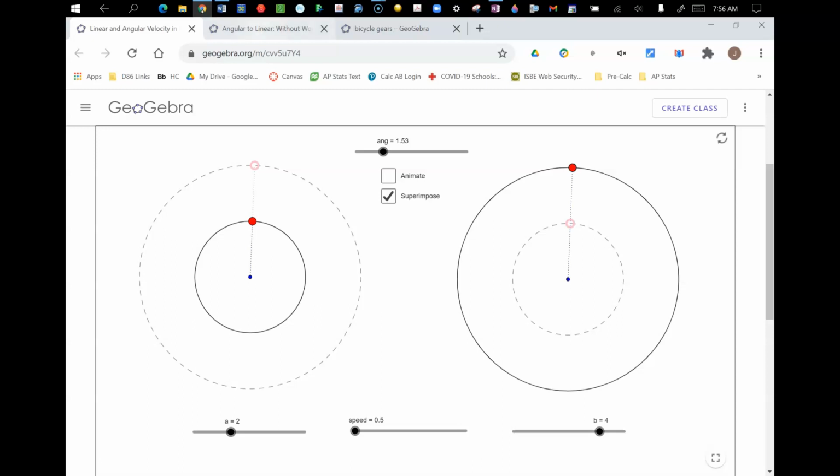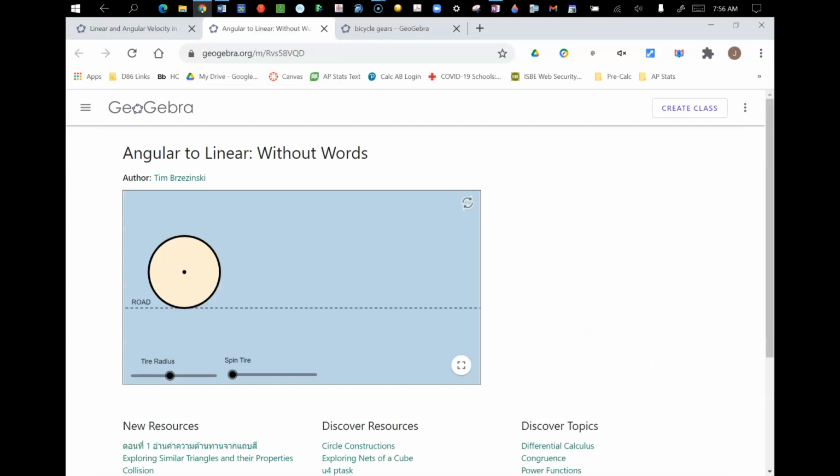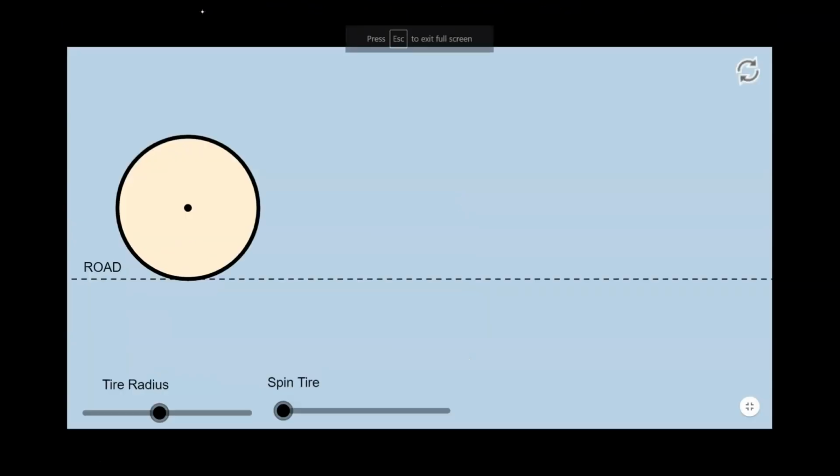Now you might be saying, wait a second, they're not moving in a line. So how do you call that linear velocity? I want to demonstrate that with this next animation. Think about a point on the circumference of a circle. As we rotate, that circle is going to make contact with this road here, or maybe a tire on a road.